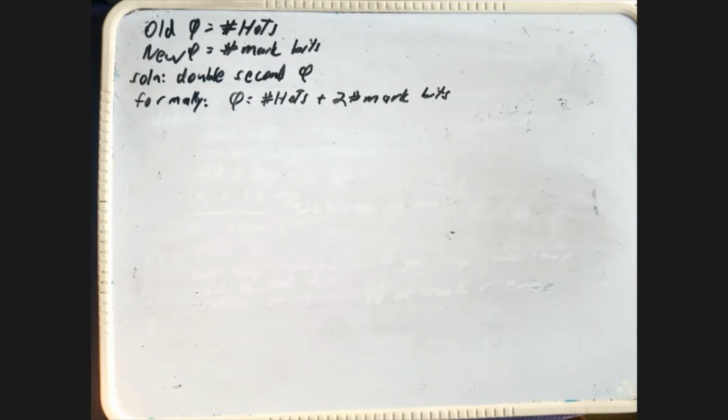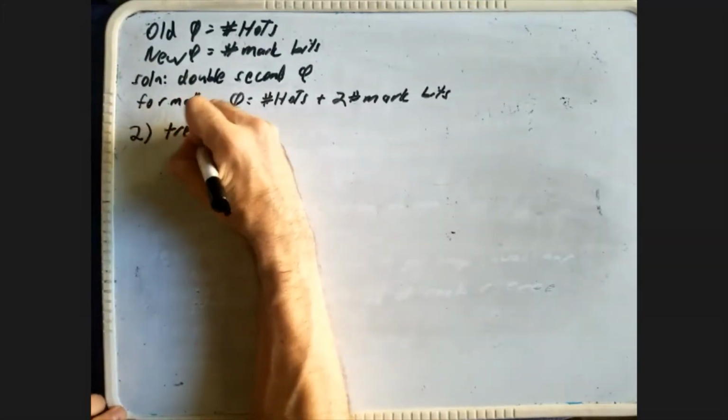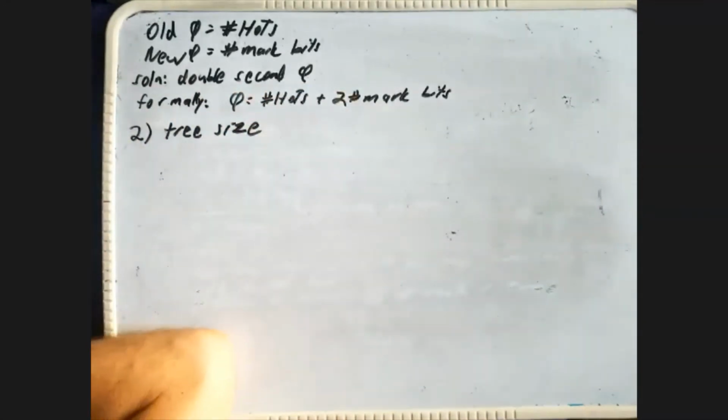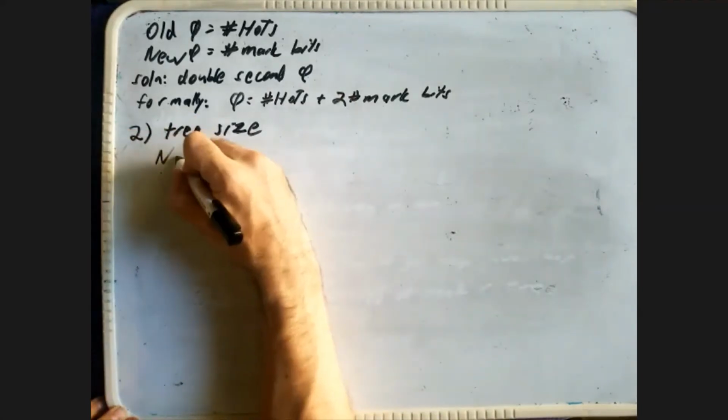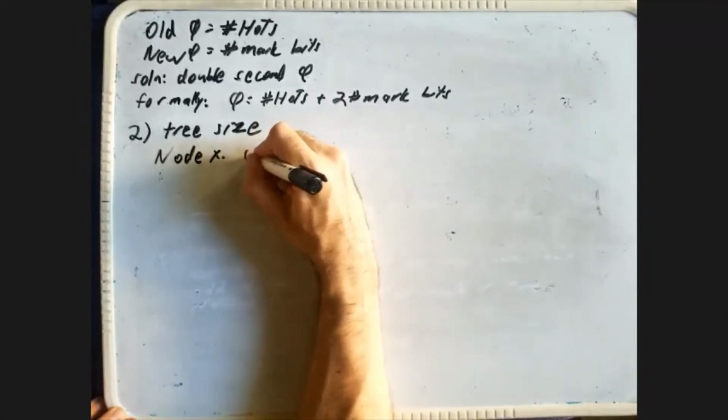Okay, so now we have to do the second step, understanding tree size. So let's consider a node x, and let's consider its current children.